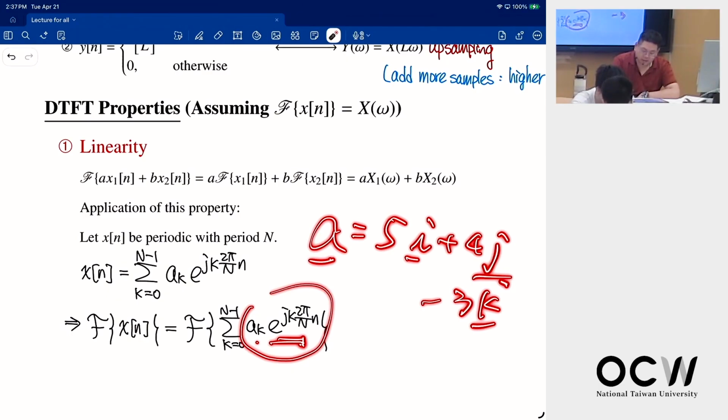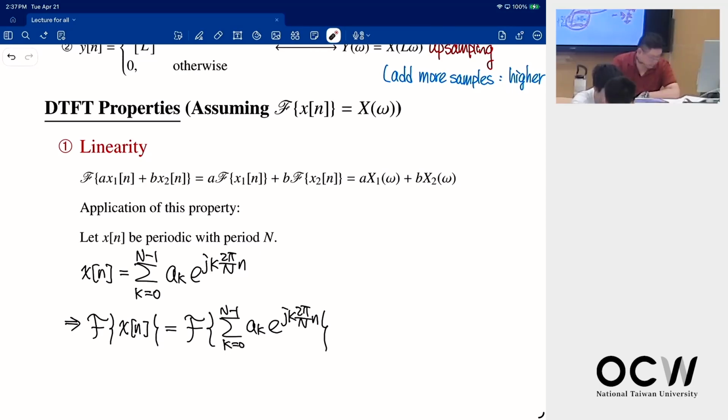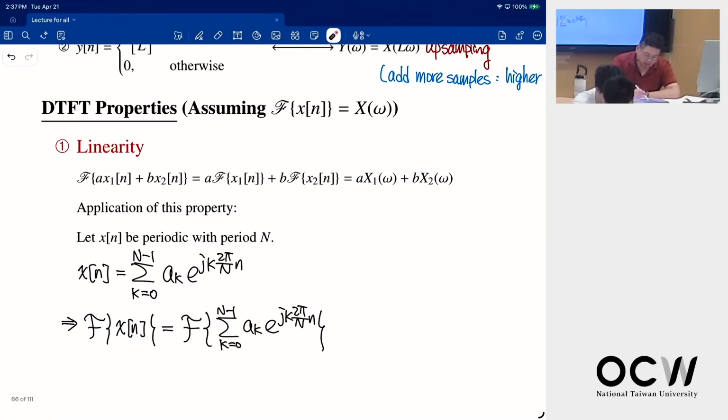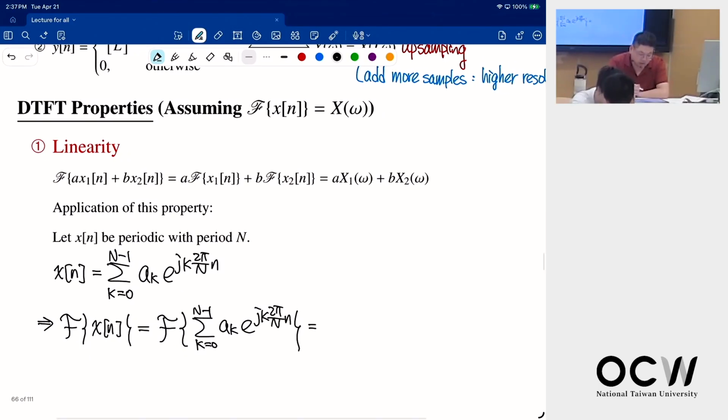Those are the bases, and these are your coefficients. So we take the Fourier transform for this part, and by linearity, that will be the linear combination of your Fourier transforms.